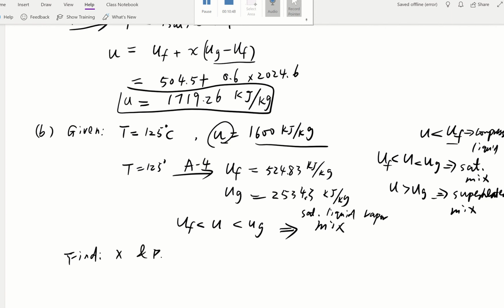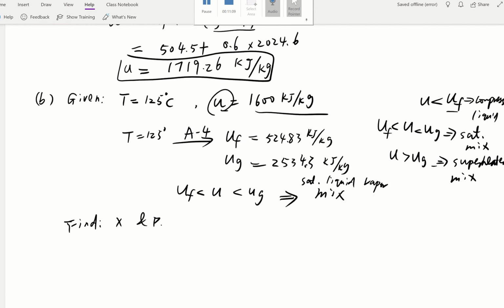So we need to find out x and our pressure. Again, if this is a mixture, we know during this process, saturated liquid-vapor mix, when you continue adding heat to it, the temperature stays the same, the pressure stays the same, right? When you boil a pot of water, the temperature stays at 100 degrees Celsius and the pressure stays at 1 atmosphere. So in that situation, when you're trying to find P, that P is going to be the saturation pressure at this particular temperature, 125 degrees Celsius.